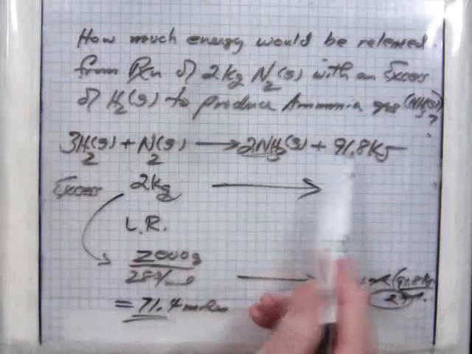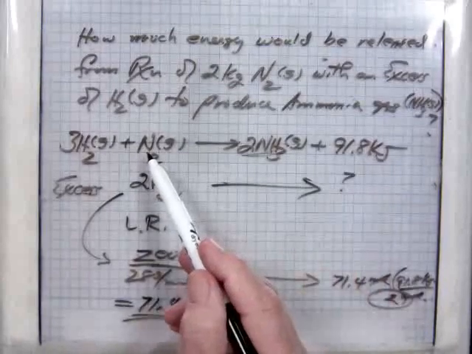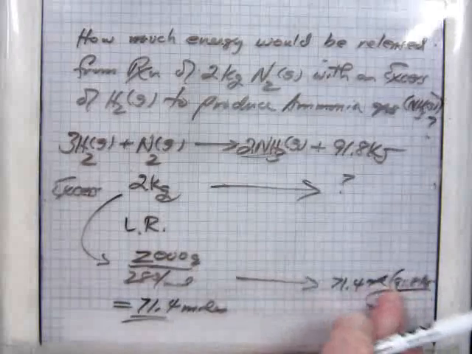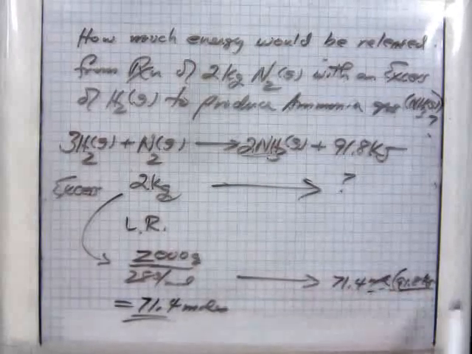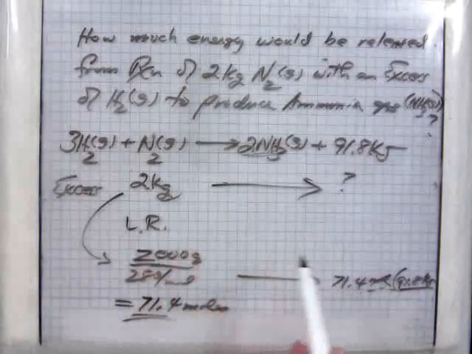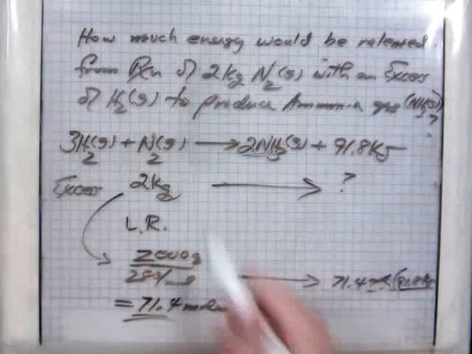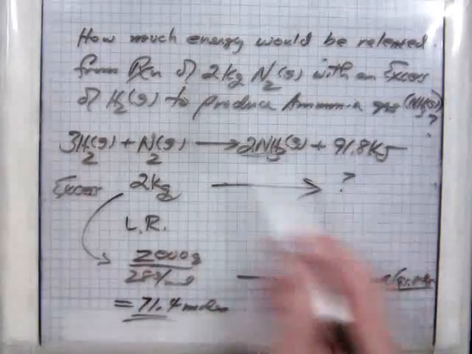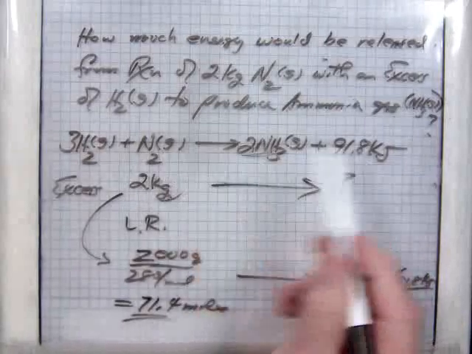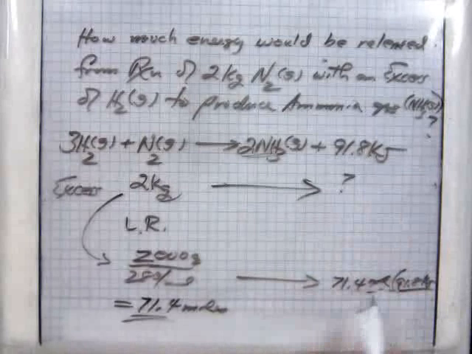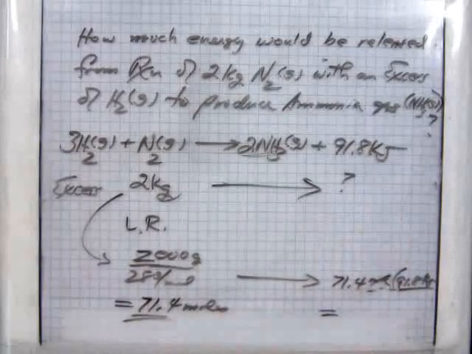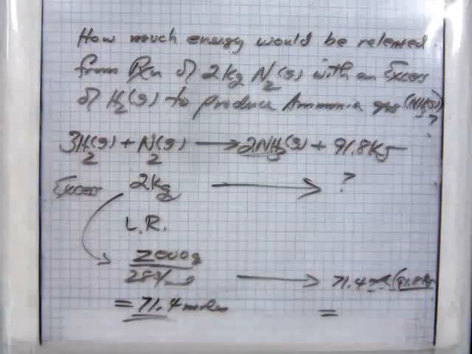But the energy values are relative to the limiting reagent, so this is not necessary. So 71.4 moles is what we have, and that's because this is a 1-to-1 ratio. It's not multiples. Then whatever that comes out to be is the energy number. I didn't mean to confuse you there.